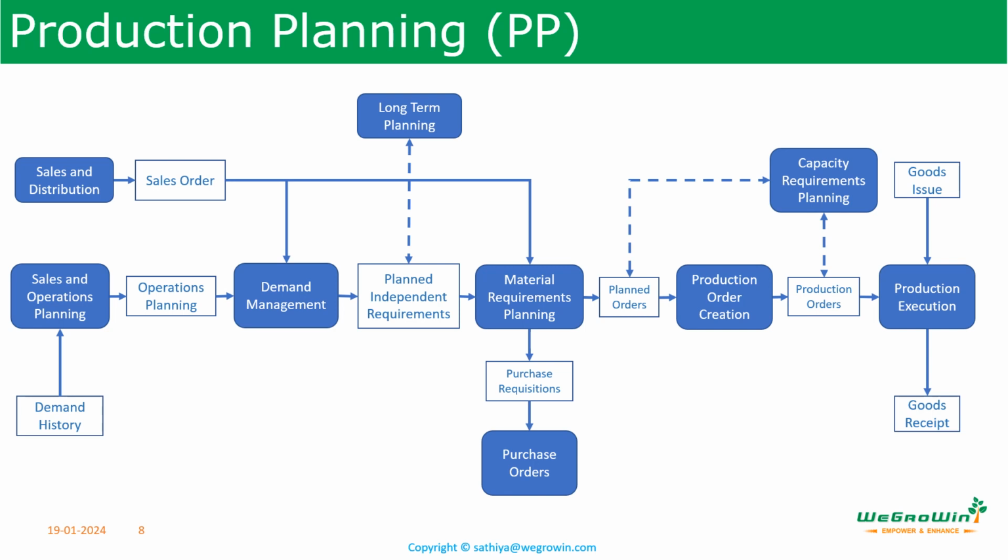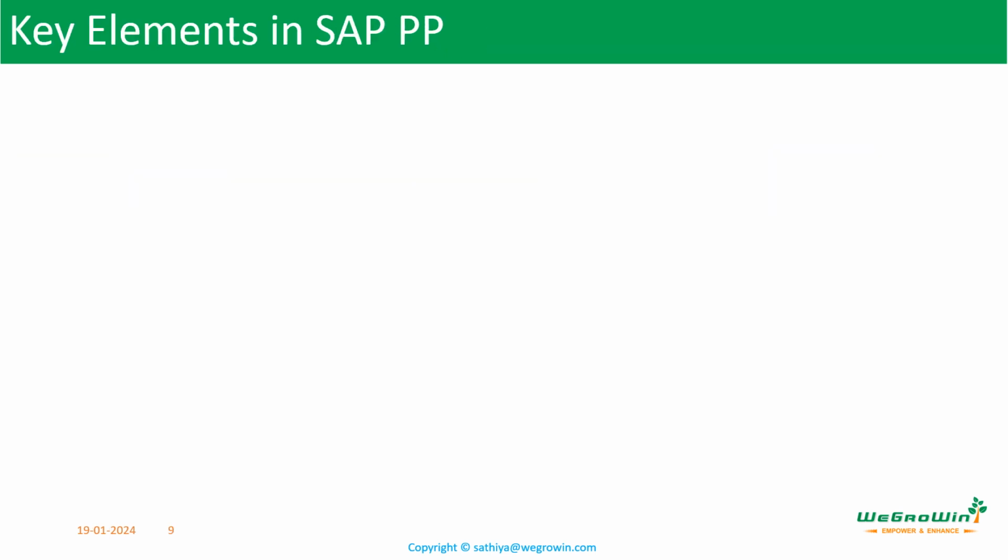After material requirement planning, the system gives planned orders for the items to be produced in-house, and purchase requisitions for the items to be purchased from outside. Then purchasing procures the materials, which go into stock. Now based on the production order, capacity is also checked, and production orders are released. To execute the production, materials are issued to it. And after executing the production, the goods are received into stock, that is the goods receipt process. This is the overview of the production planning process.